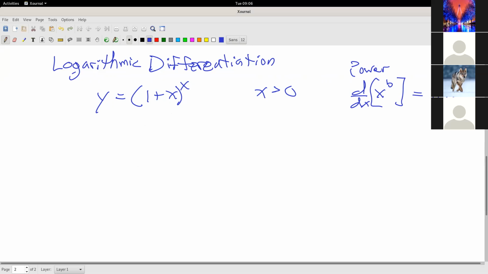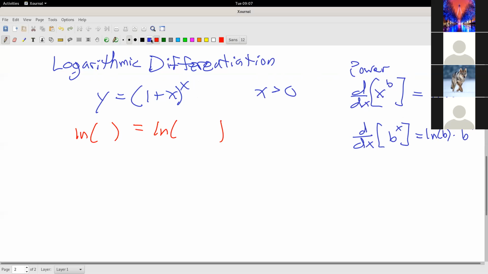Multiply by the power, reduce it by 1. On the other hand, we have x in the power, so do we apply the rule where if we have something like b to the x, then the answer is the natural log of b times b to the x? Which rule do we use? It turns out both of them are involved, and the way to get at that is to clean this up by taking the natural log of each side.